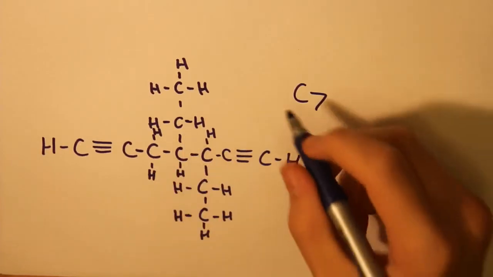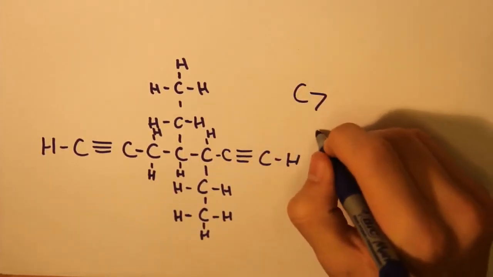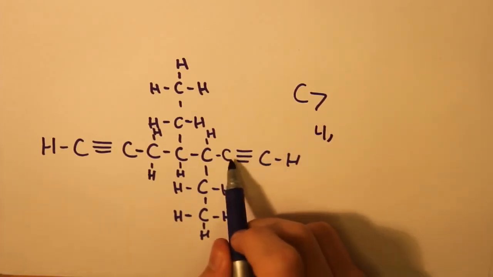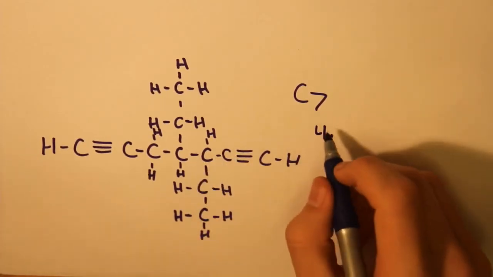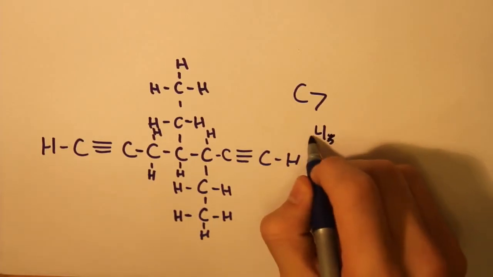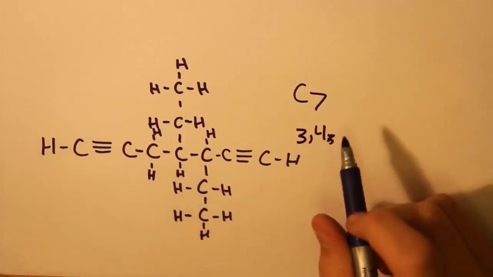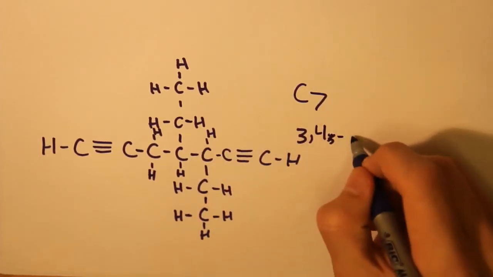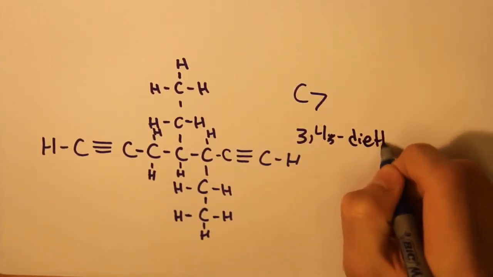Okay, so 4. And then here is 1, 2, 3. So 3, 4, and these are diethyl. 3, 4, diethyl.